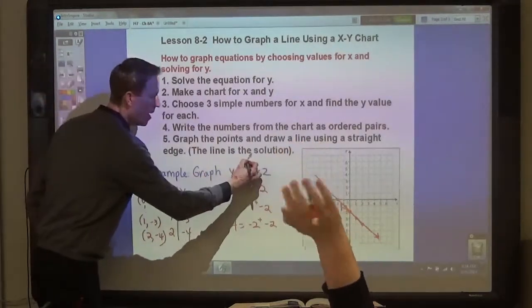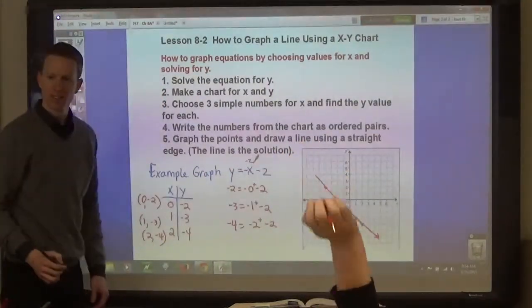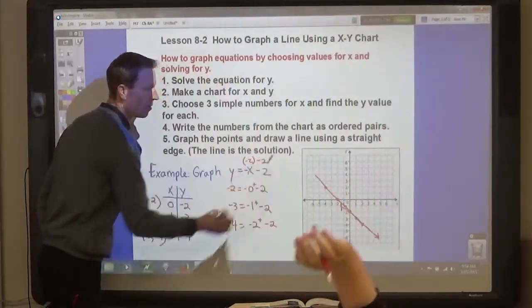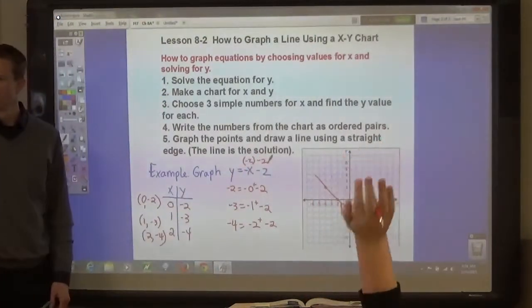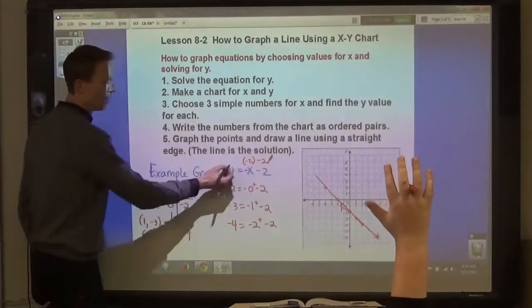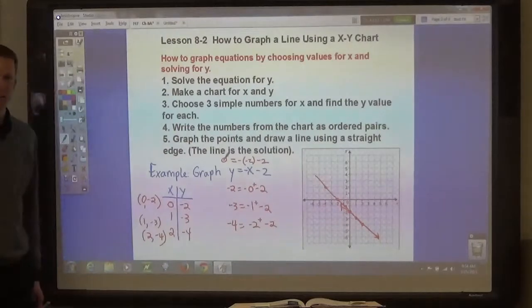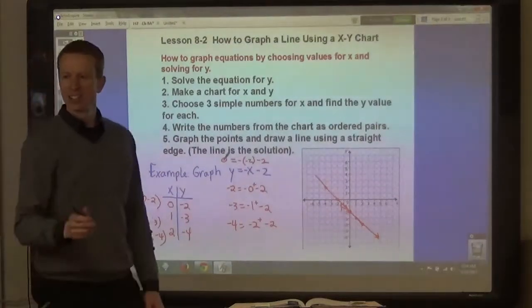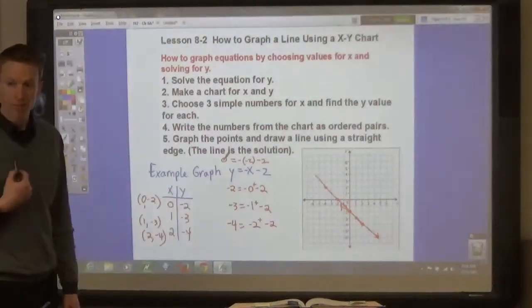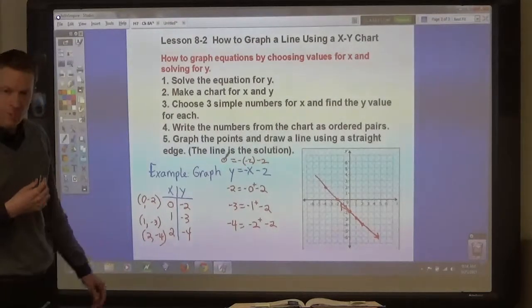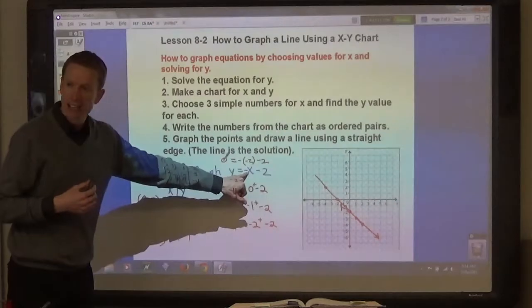If we put -2 in for x, does that work? Is -2, 0 one of the points? Hunter? -2, 0? Yes, because the x is negative.